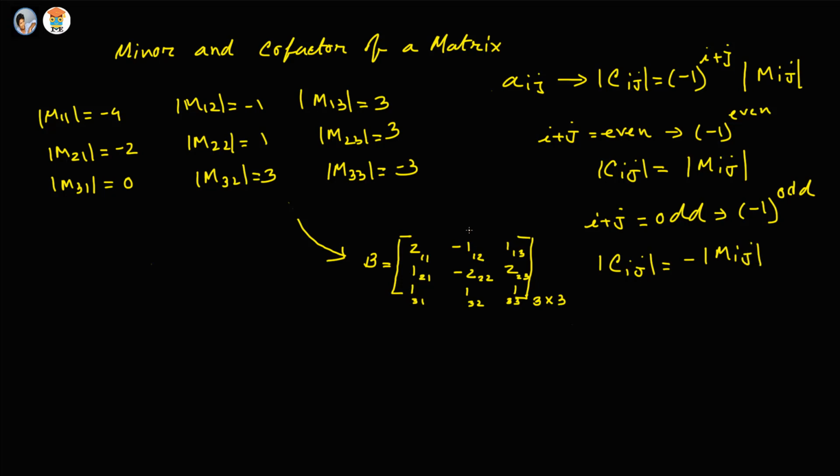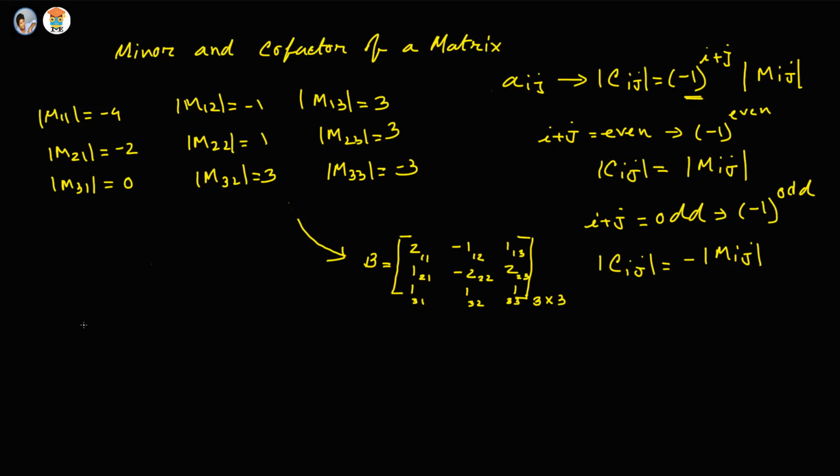For example, for this element i is 1 but j is 2, if you add 1 with 2 you get 3. That means for this element, the minor is -1, but the cofactor will be -1 multiplied by -1, as minor is -1 and we have a -1 in this formula, so the cofactor will be 1.